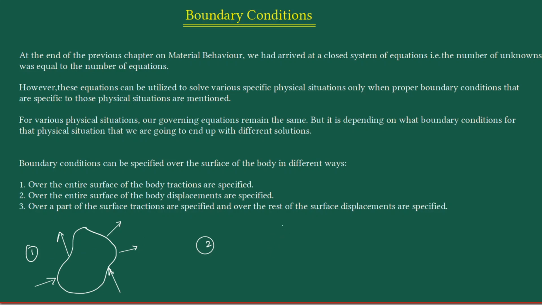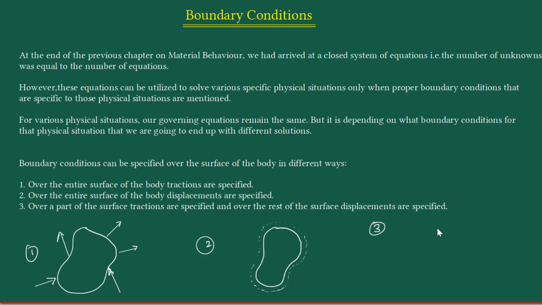There we have again this three-dimensional body, but now over this entire surface some kind of displacement boundary conditions are specified. Here this dotted line means that the displacement from the original position to this dotted line is specified. It could happen, as a very special and very common case, that those displacements are specified to be zero.